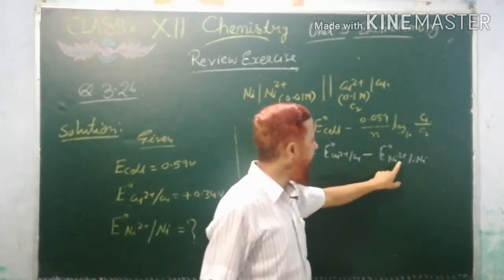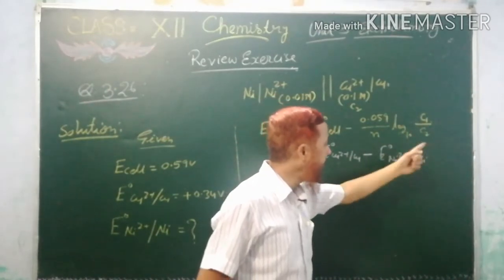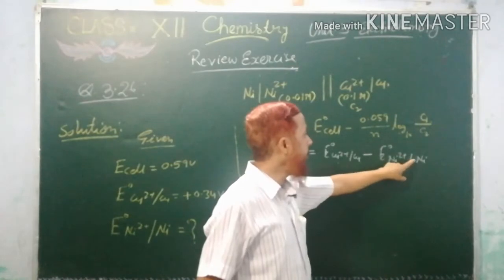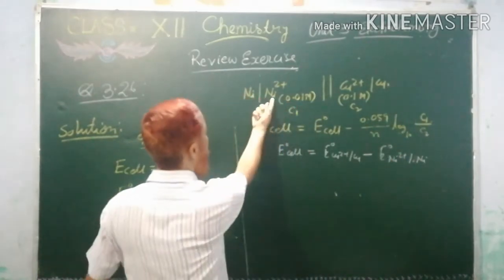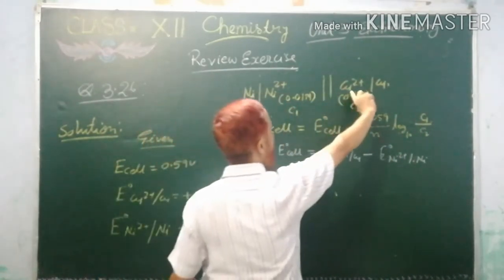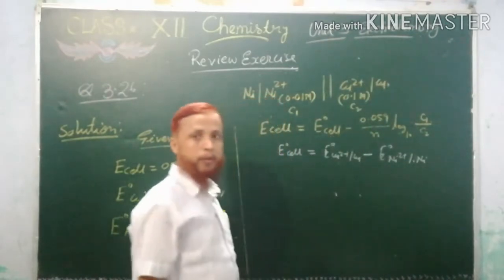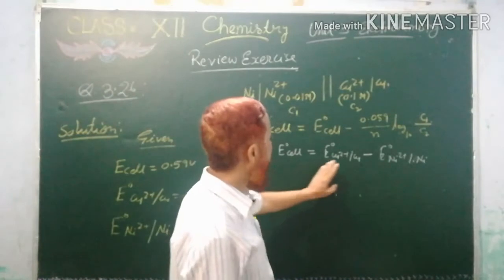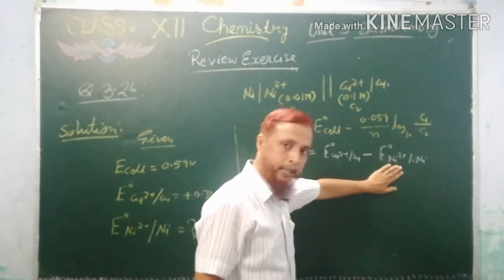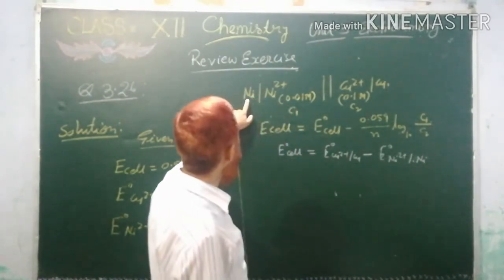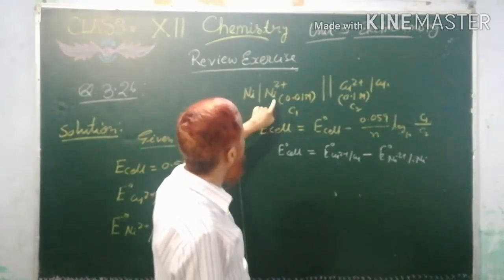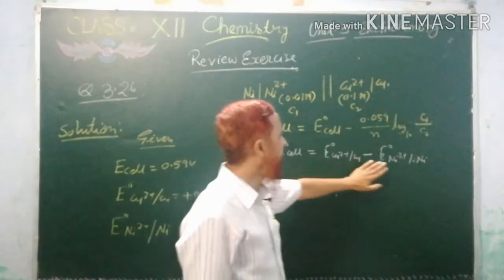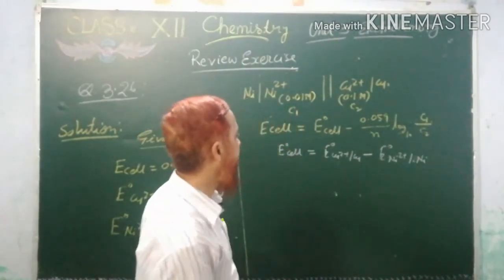So that is why we always write the ion oblique the neutral, meaning Ni2+ oblique Ni, acceptance of electrons. So that is the reason why we have written this.